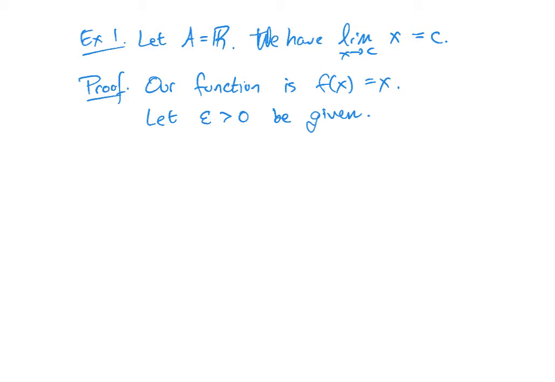Now, set delta equal to, and here I'm going to leave a blank. We'll come back and fill that in when we know what we need to set delta equal to. It doesn't take much thinking ahead to see what delta should be in this example. But in general, it does. In general, at this stage of the proof, you do not know what you need to set delta equal to. This is the exception.